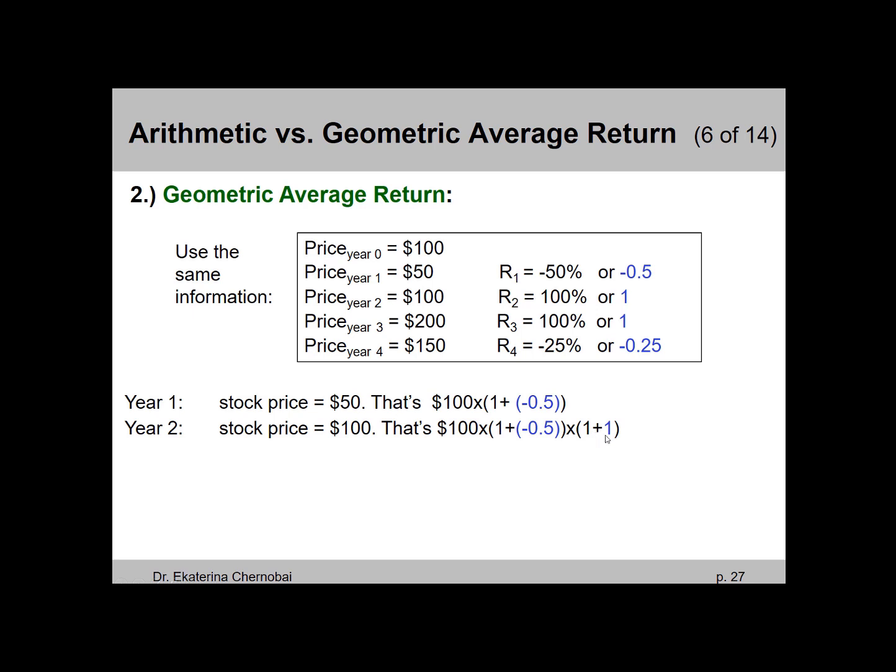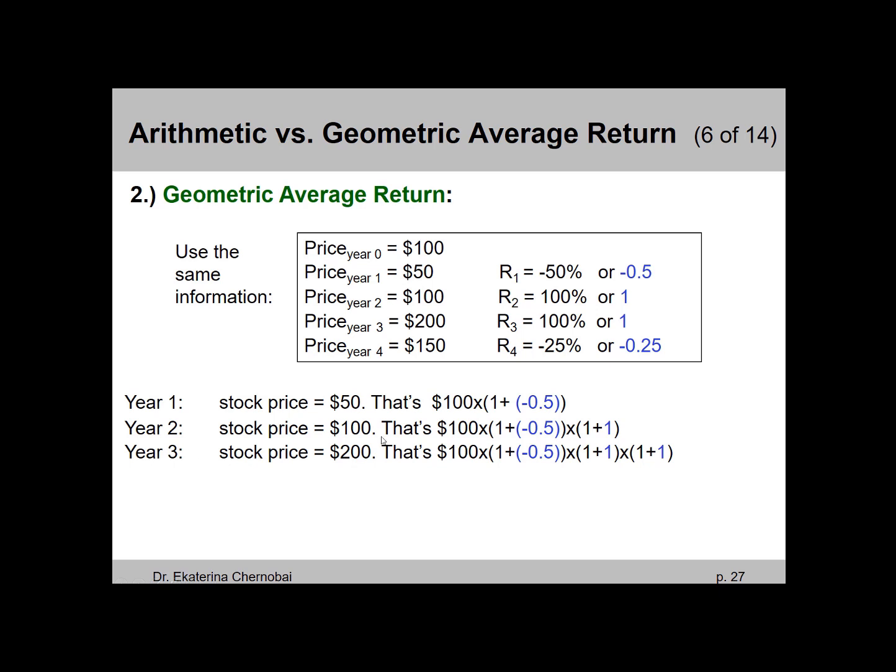Future value is the initial amount multiplied by 1 plus the interest rate R. It's exactly what's going on here. Why is it not 1 plus R? Why do we have two multiplication terms? That's only because the return is not the same every year. It's a 50% decrease in year one and a 100% increase in year two. So we write them down sort of separately.